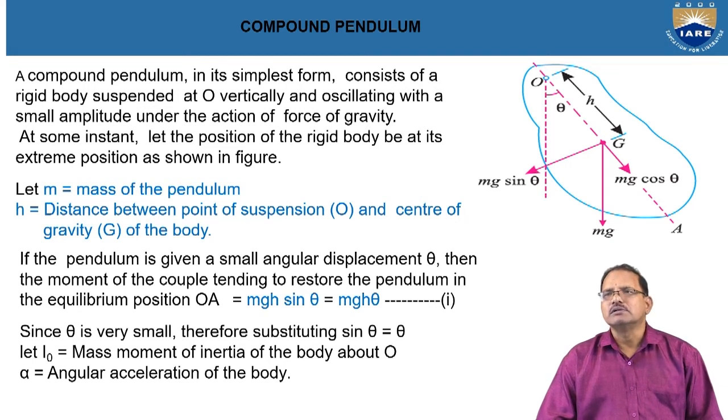resolving the forces. One is along the axis, one more is perpendicular to the axis. Along the axis is mg cos theta. This is balanced with the reactions at which the object is suspended.